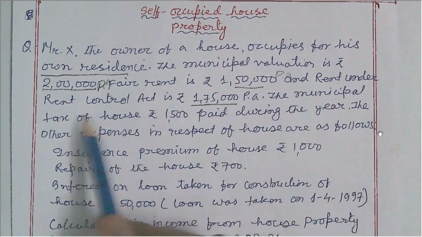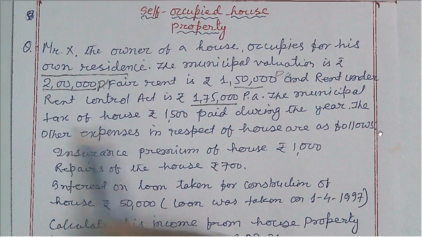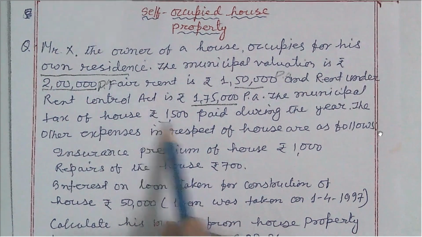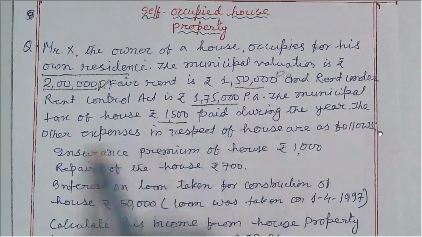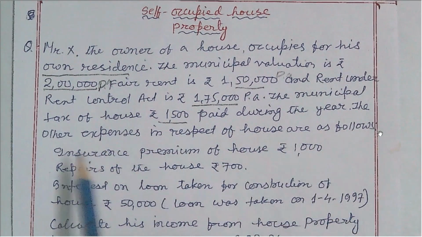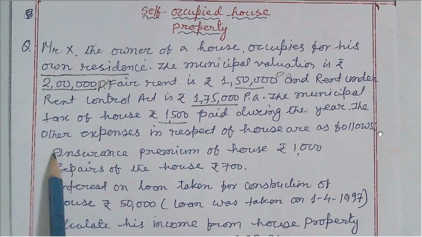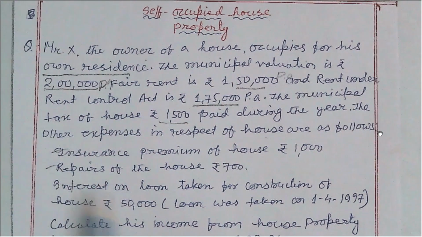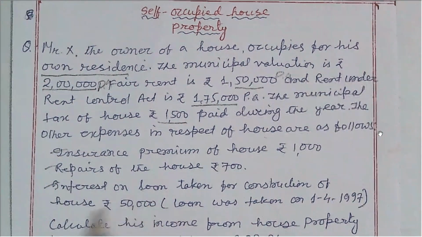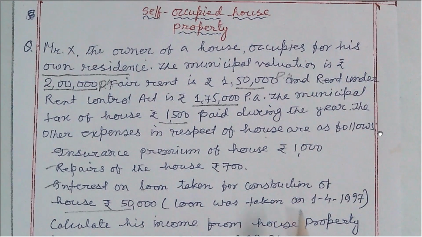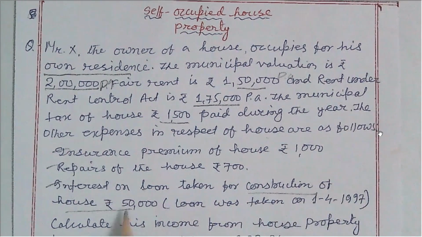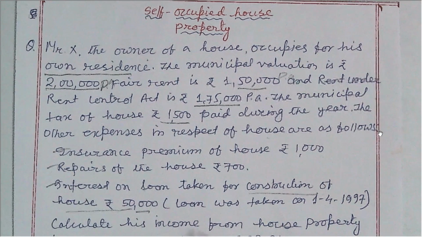The municipal tax of the house is rupees 1500, paid during the previous year. Other expenses in respect of the house are as follows: insurance, repairs, and interest on loan for the construction of the house, rupees 50,000.